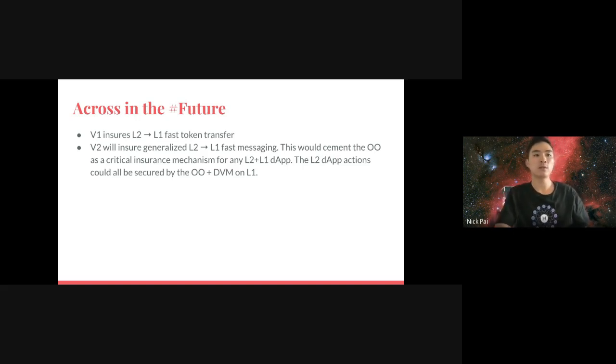V2 theoretically could ensure just generalized L2 to L1 messaging. So we don't just have to transfer tokens. Transferring any message between L2 to L1 faces the same problems as the token transfer. It still needs 7 days to bridge messaging from a rollup to L1. So Across could serve as just a general message bridge.